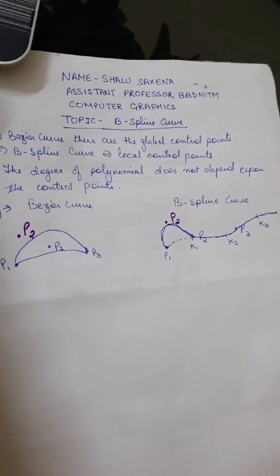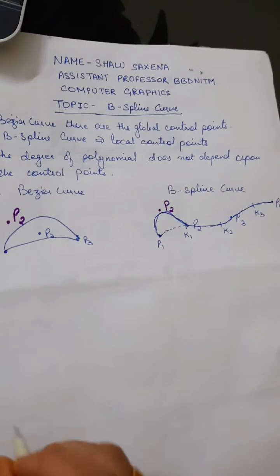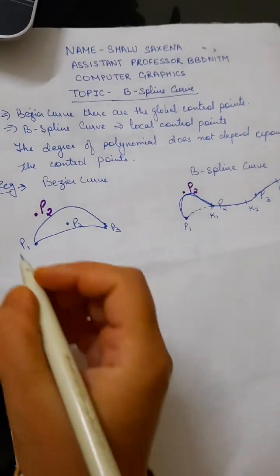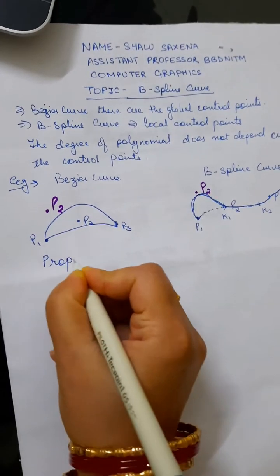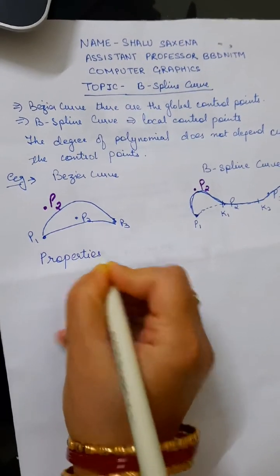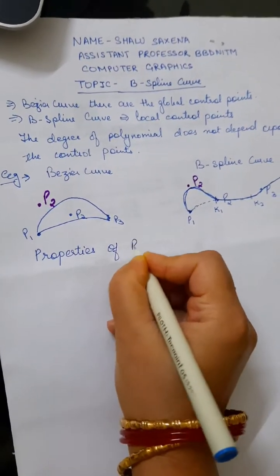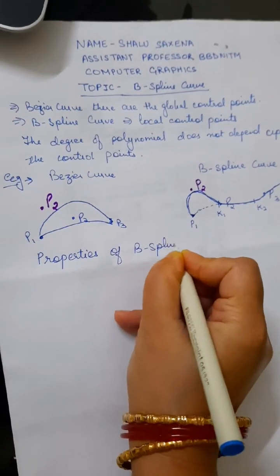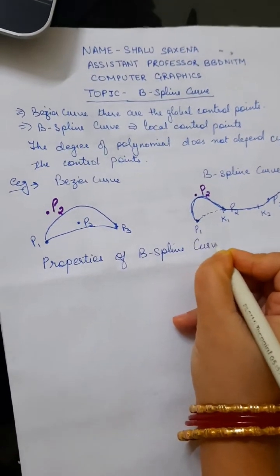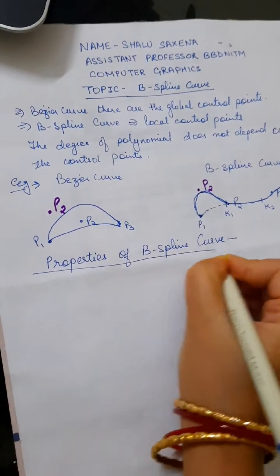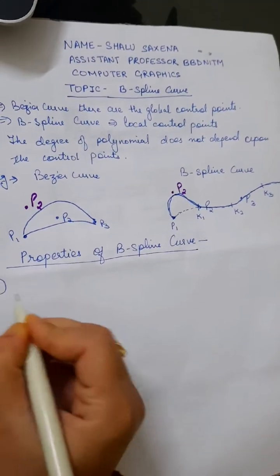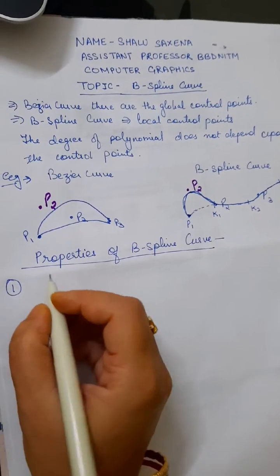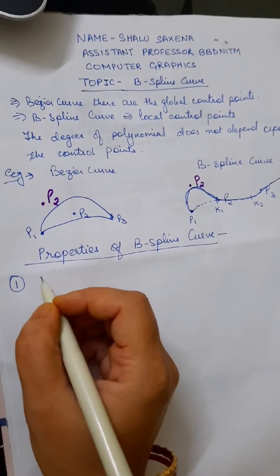Now we see the properties of the B-spline curve. Likewise, in Bezier curve, we are taking the sum of the basis functions.